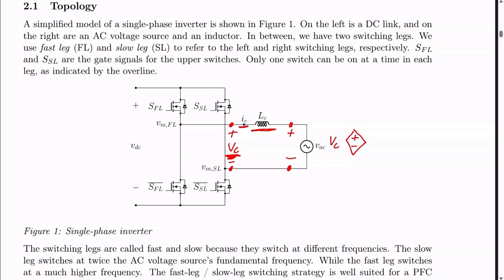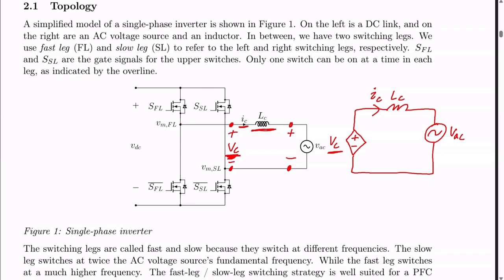So VC is a controllable voltage source behind an inductor. And then we have the grid voltage, VAC. So in order to control the current that we want, we just need to control VC. But how do we find VC?